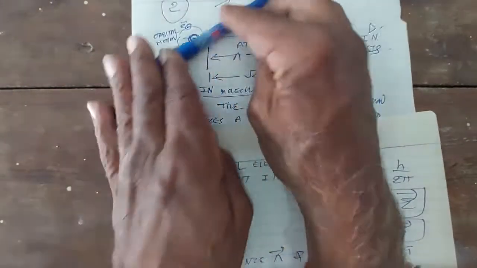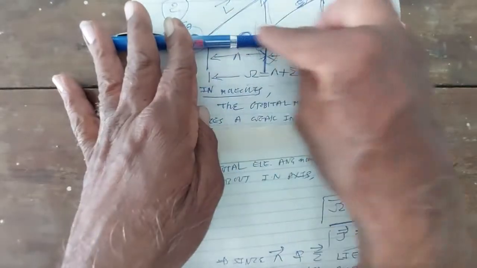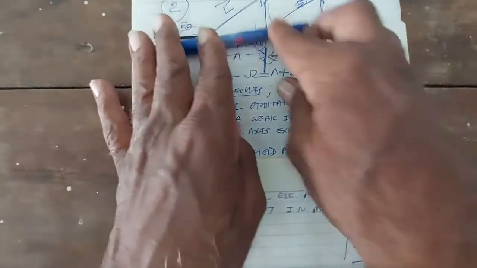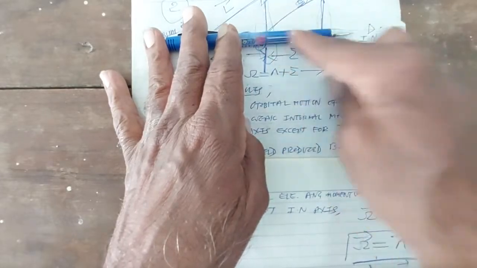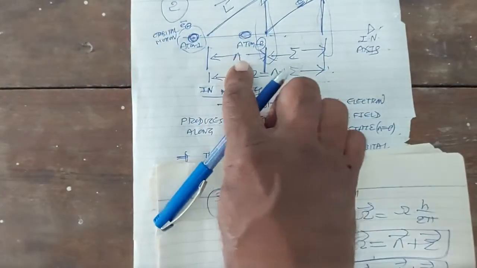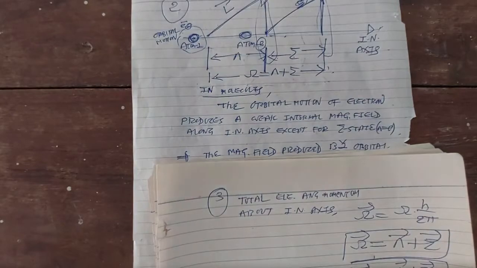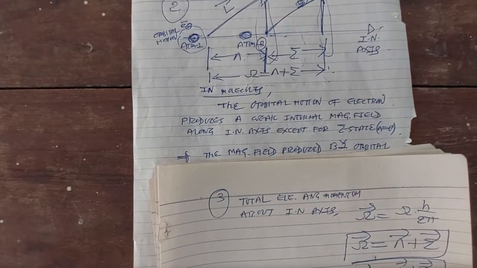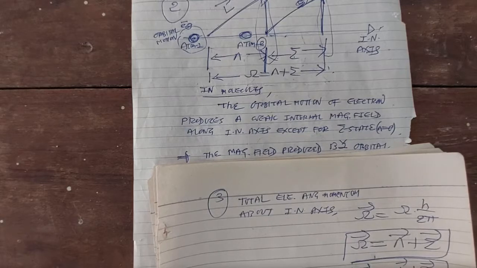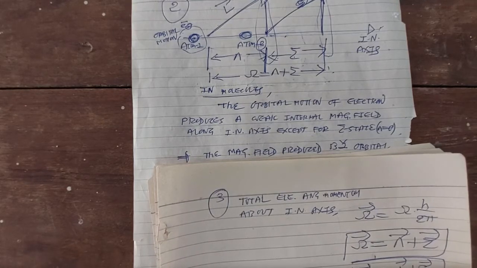Lambda is the component of electronic angular momentum vector along the internuclear axis, and sigma, the component of spin angular momentum vector, is also lying along the internuclear axis. So lambda and sigma both lie along the same internuclear axis. Algebraic sum is sufficient.